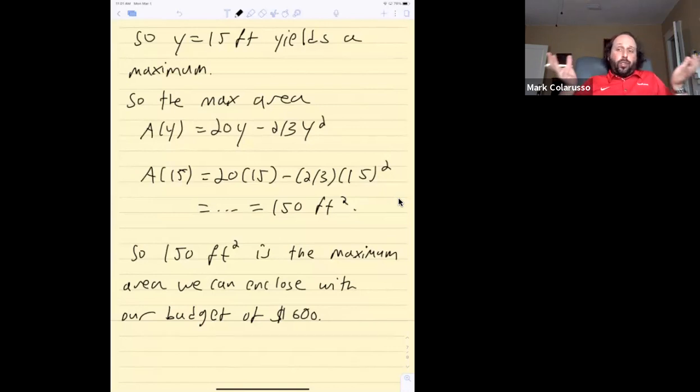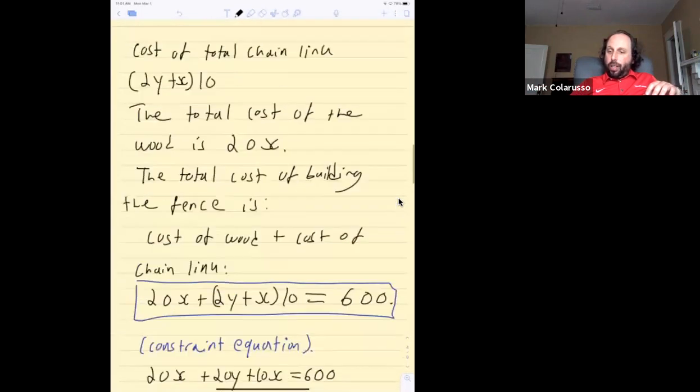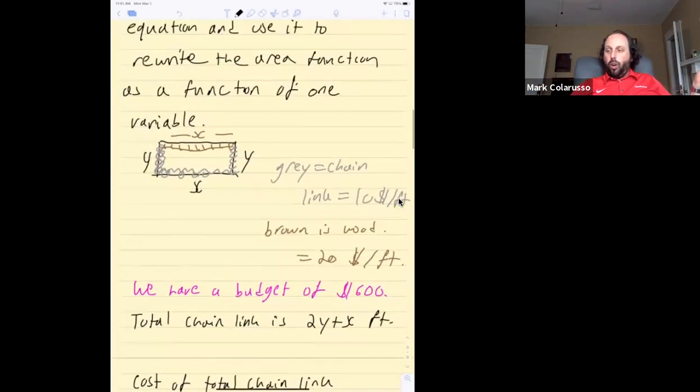But this is a very natural consideration. You want to construct something, you have a limited budget or limited resources. How do you optimize what you can construct? And this is exactly how you would do it. But it required a more elaborate diagram involving wood and chain beyond the geometry, so imposing other things on the geometry.